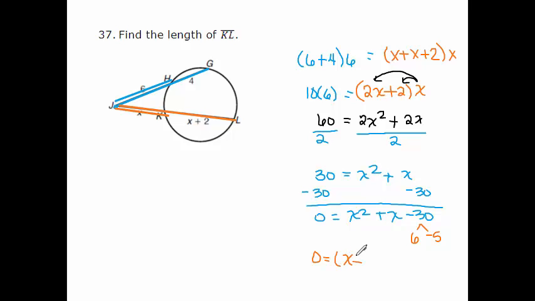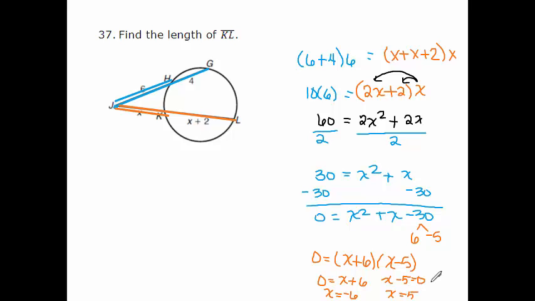I get x plus 6 and x minus 5. So when x plus 6 equals 0, x is negative 6. And when x minus 5 equals 0, x equals positive 5.